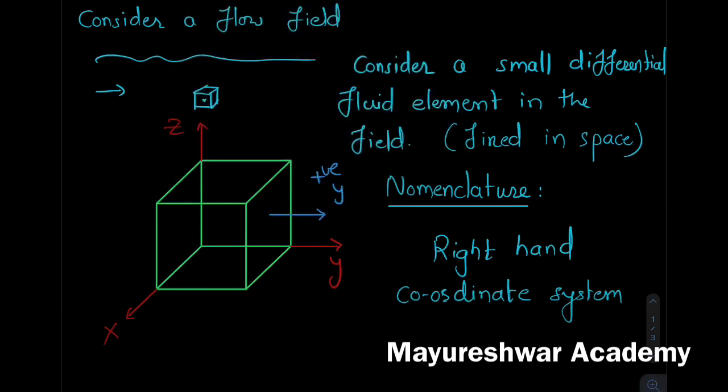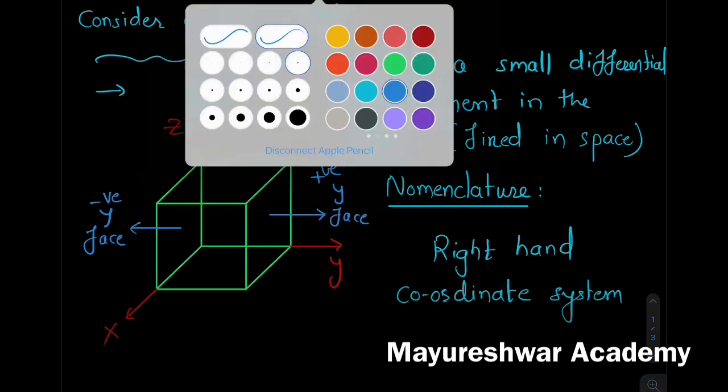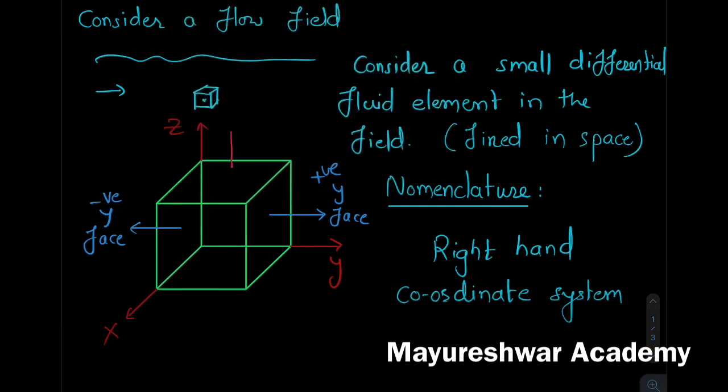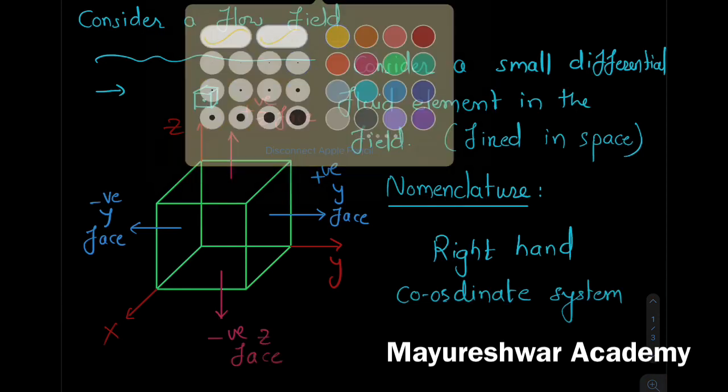Let us discuss, this is called the y face because perpendicular to that face or surface is the y direction. Similarly the other one is the negative y face. Let us show the top face as positive z because the z axis is normal to that. Similarly the negative z face because negative z is normal to this.